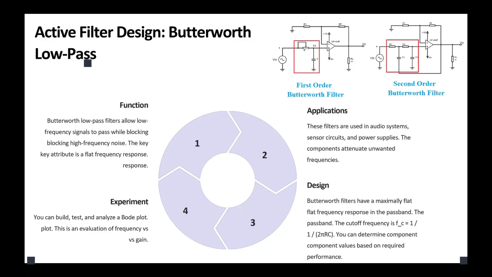The Butterworth filter gives us what is called a maximally flat frequency response in the passband. That means the output signal stays clean and steady for all frequencies below the cutoff. And once it reaches the cutoff point, it starts rolling off in a smooth and predictable way, no surprises.